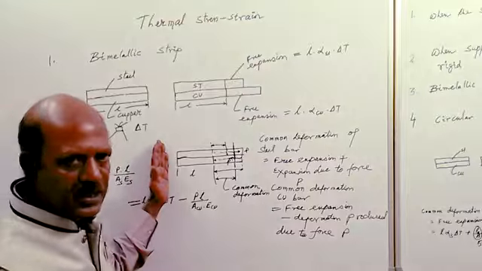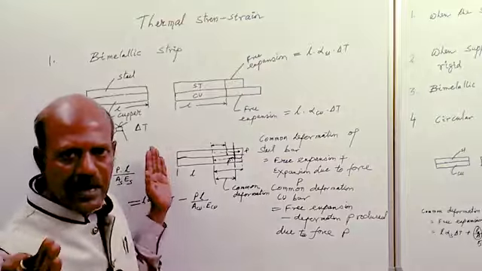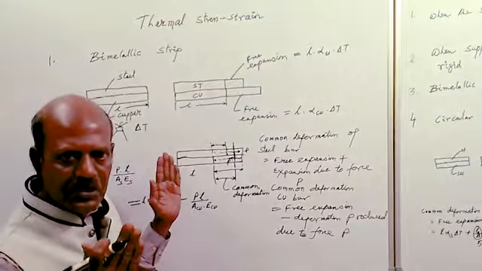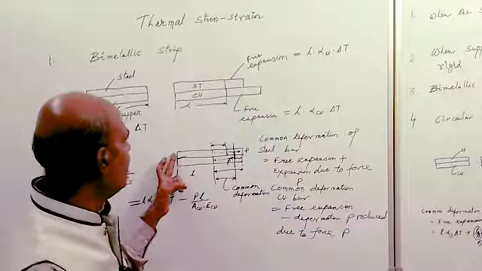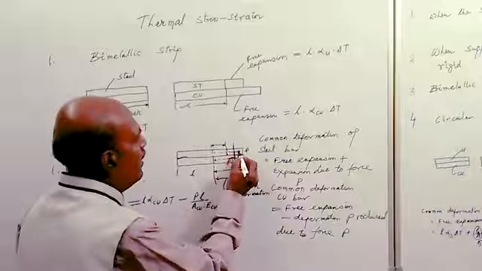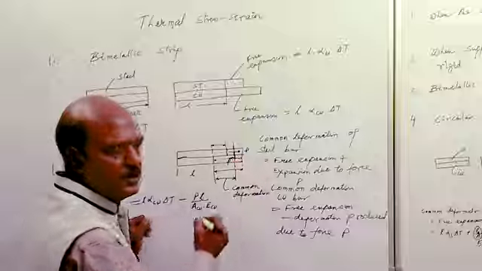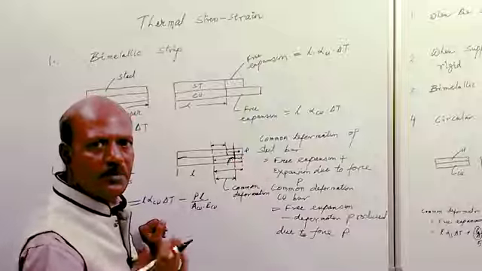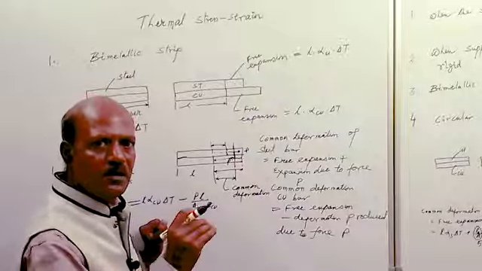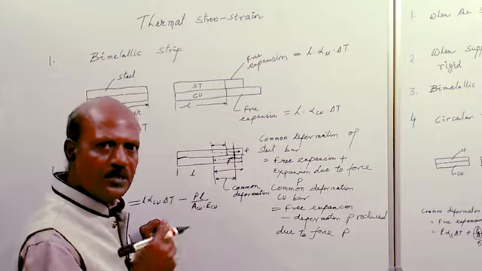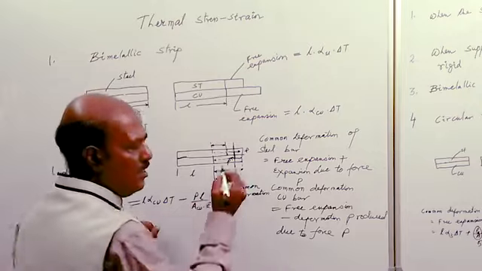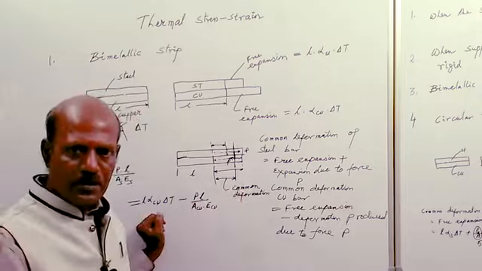Now if the restriction is applied, meaning the ends are rigid, an intermediate force will develop in these two bars. That force will be equal on both the bars, that is P. Say P is the unknown force developed.